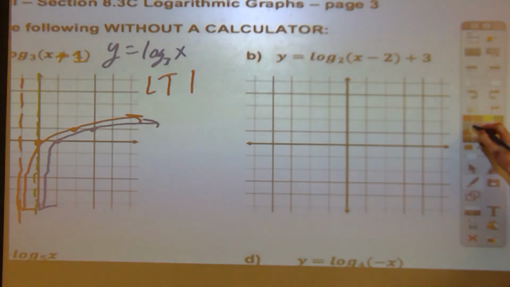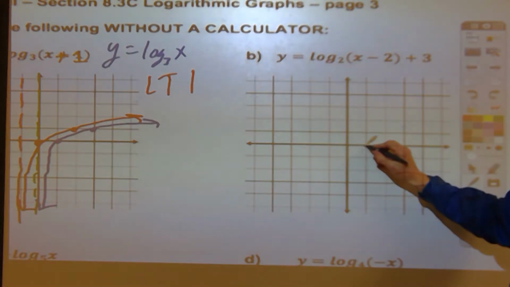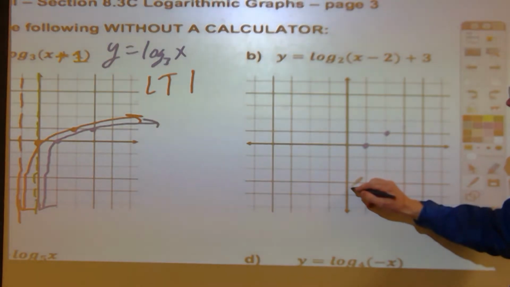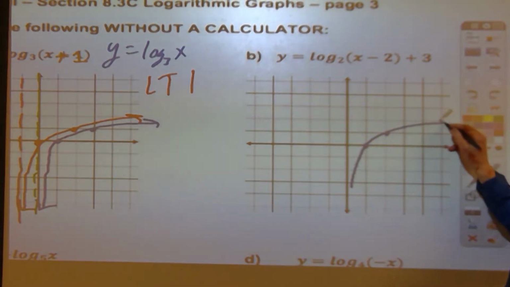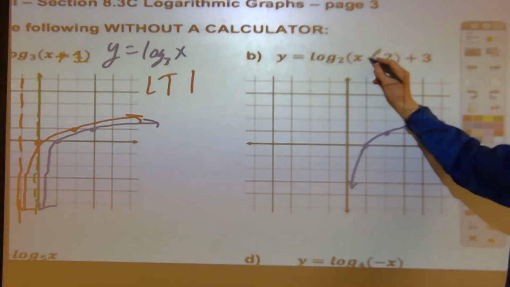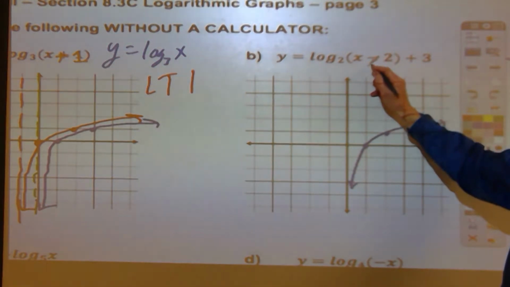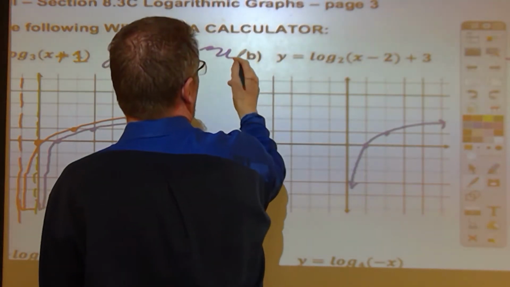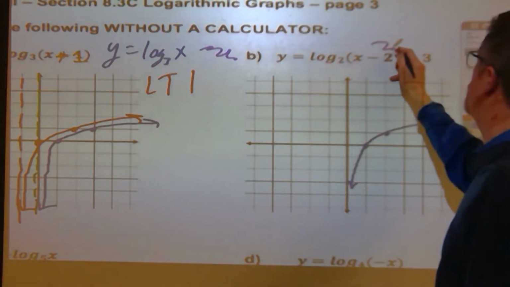So the parent graph in blue is (1, 0), (2, 1). And I'm looking at, oh, see that? I'm drawing here. Oh, well, no, it recovered, I think.